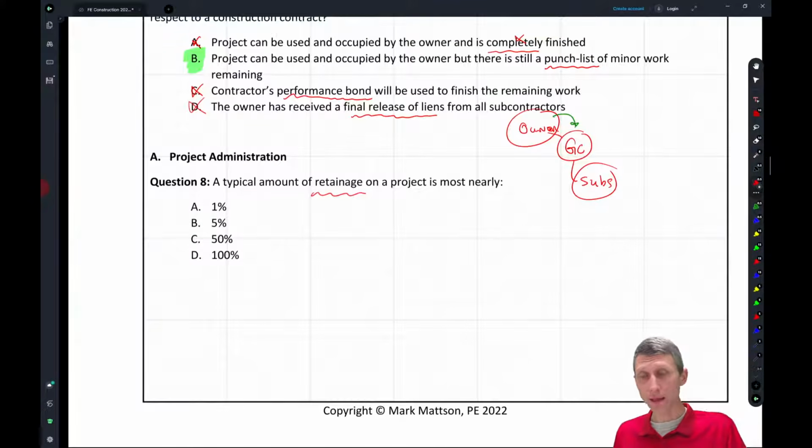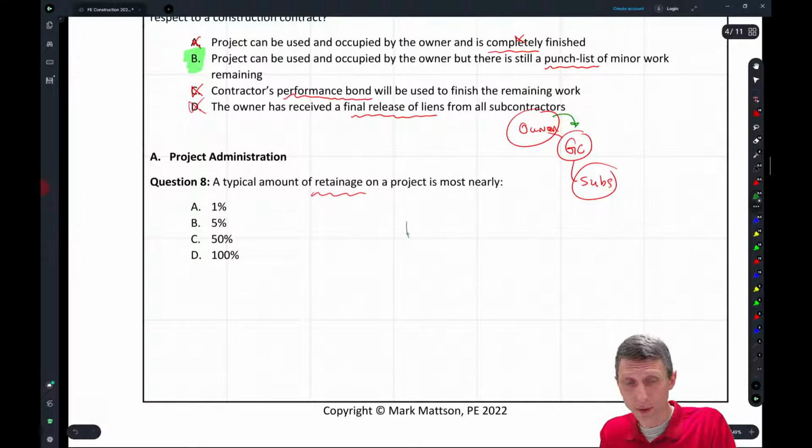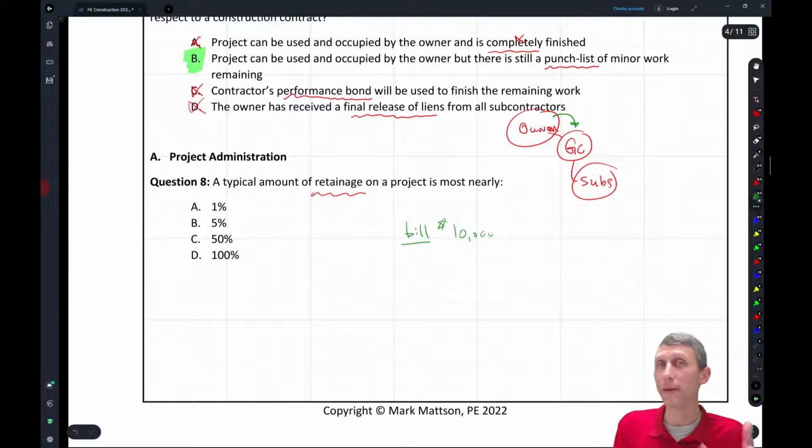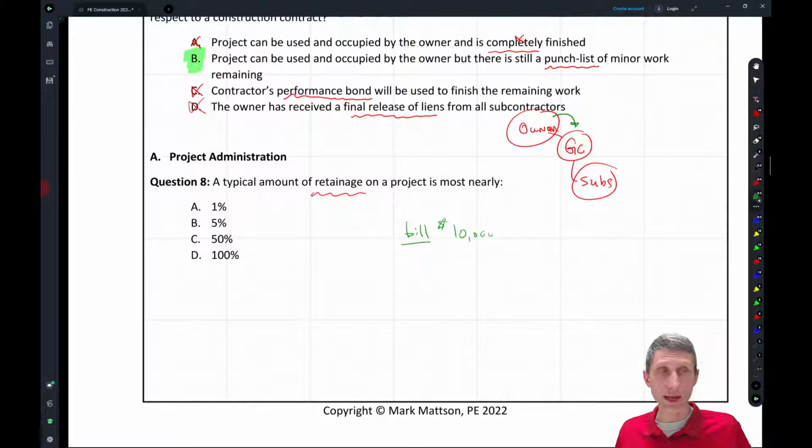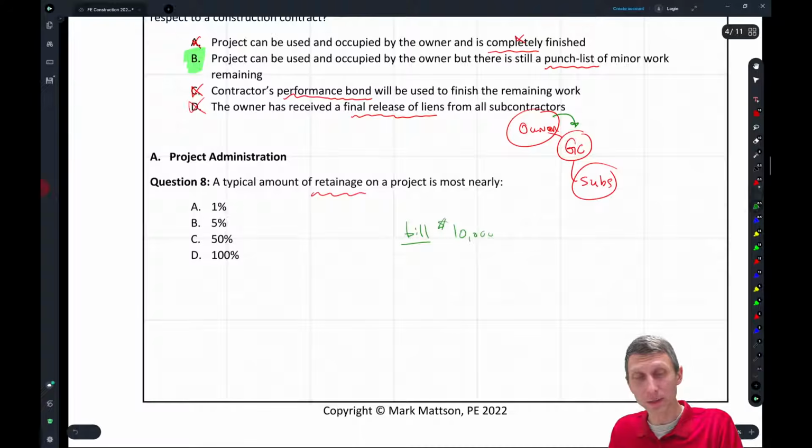We'll pay you. And let's say they submit a bill for $10,000 or $1 million or whatever, right? What's the owner going to pay that contractor? In other words, how much money is the contractor going to get? Do they get $10,000? Do they get none? Normally you have to pay the contractor, but what you do is you take this money and break it into two parts: the payment and retainage.